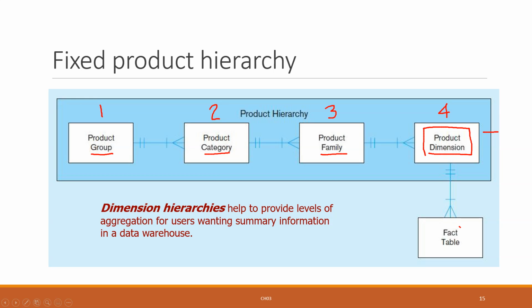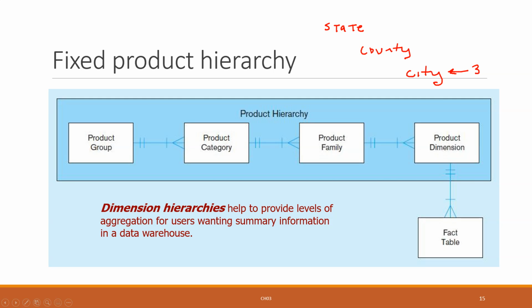And in a hierarchy, you'll notice that the fact table is at the bottom here in this diagram. And the lowest level of the hierarchy, remember this is level number 4, is the one that is closest to the fact table. So if we were going to take our other example of state, county, and then city, city is the lowest level.